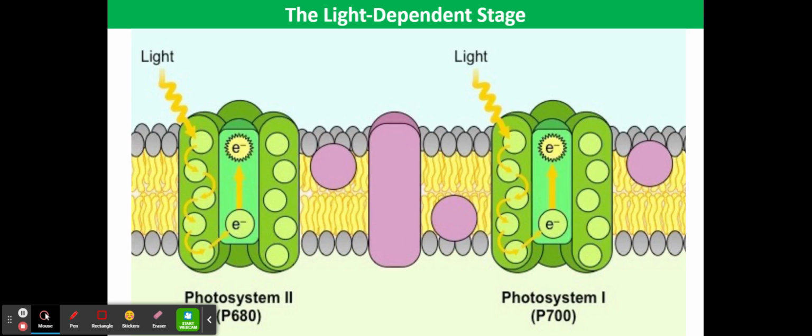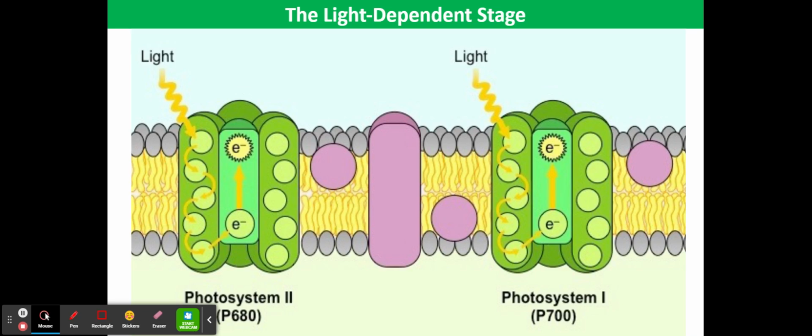Now, as I've mentioned before, there are two types of photosystems. I described these briefly in a previous tutorial and outlined their main roles. But just to summarize again, in photosystem 1, the pigment at the primary reaction center is a type of chlorophyll A, which has a peak absorbance of red light of wavelength 700 nanometers.